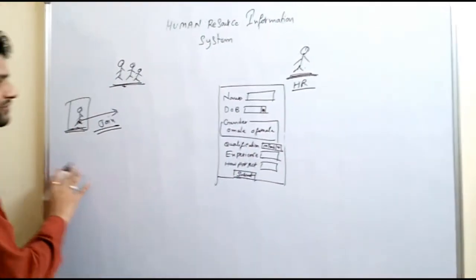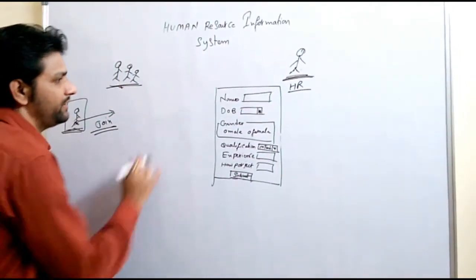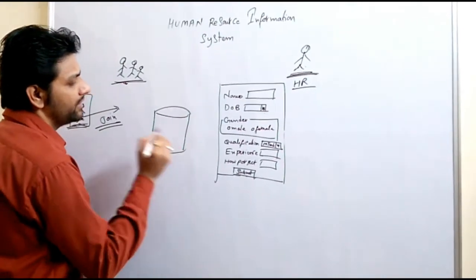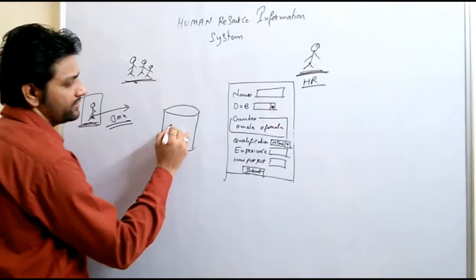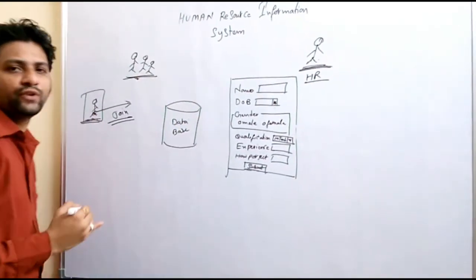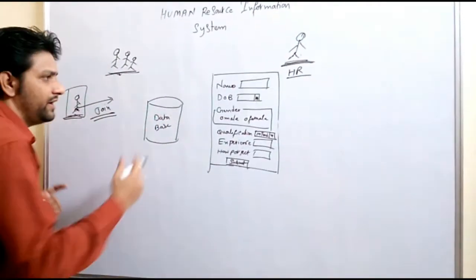To store the details, whenever you enter all these details and click on submit, there will be a database at the back end. The database software provides the collection of data relations, and those relations will store the data.